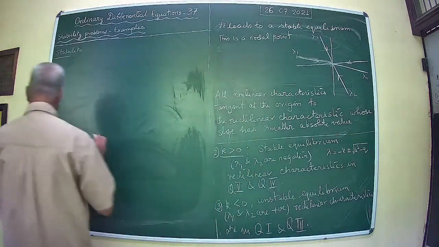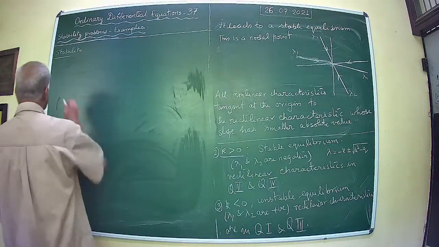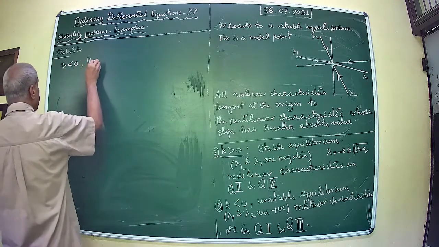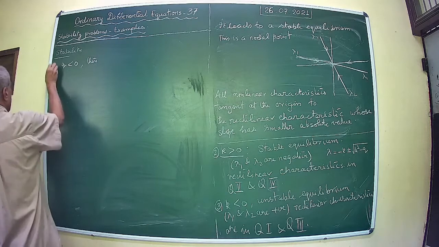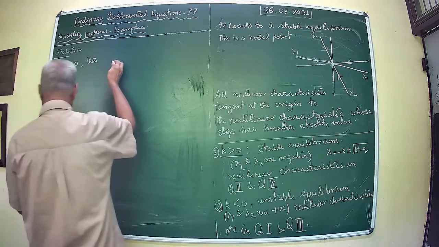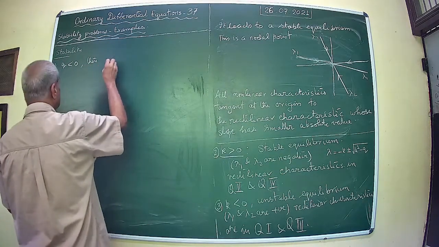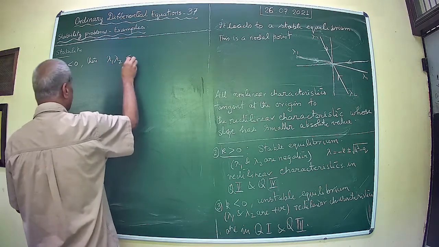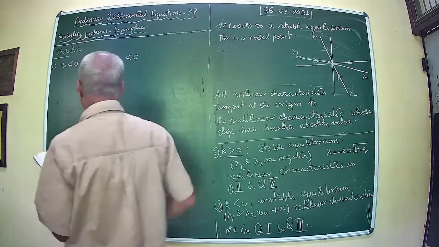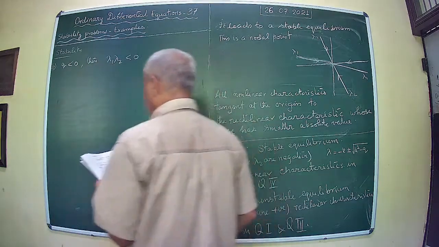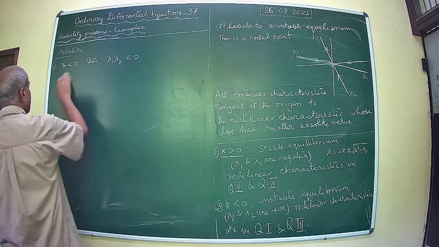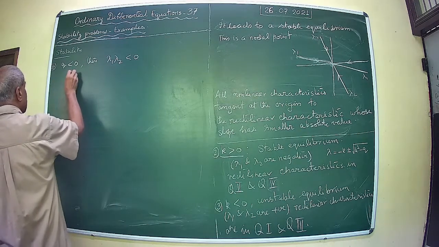So if Q is negative, then you see that lambda 2 is negative. The lambda 1, lambda 2 corresponds to that. So you have what is called a saddle point.